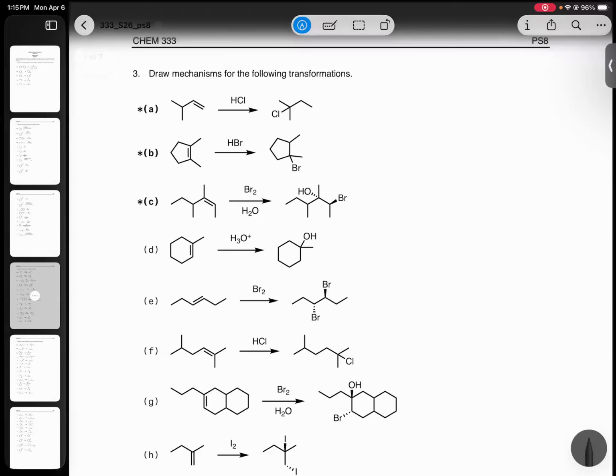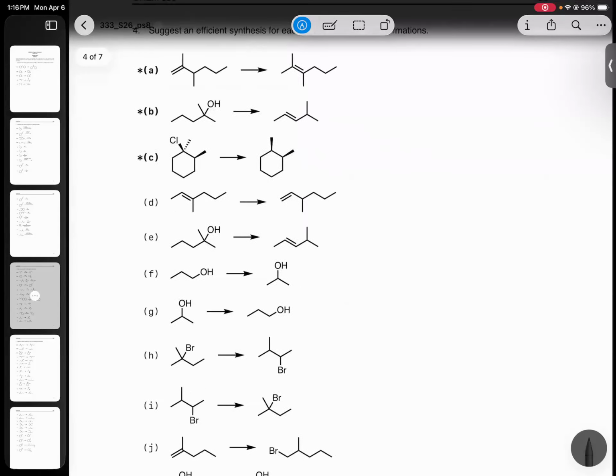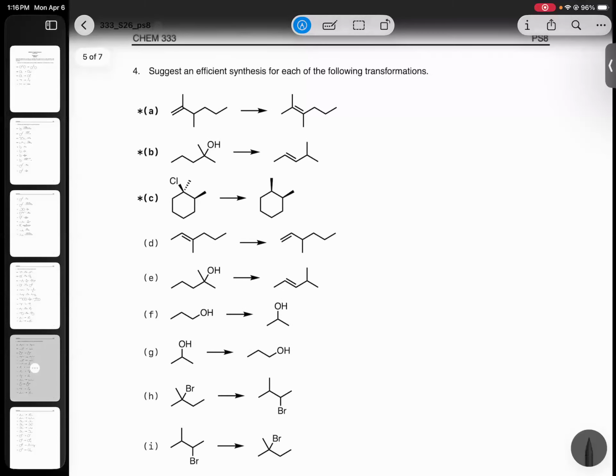3 is mechanisms, so there's a small selection of mechanisms that we talked about. Maybe it didn't seem small, but relative to all of the different reactions we talked about, it is. And then 4 is the big one, and that is to design a synthesis for some various reactions.